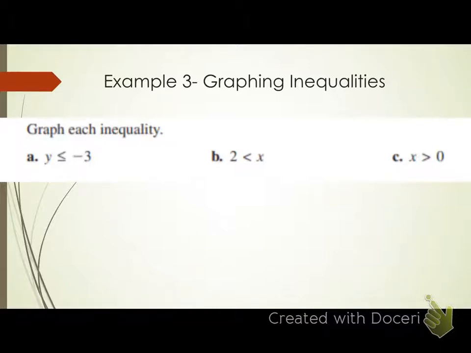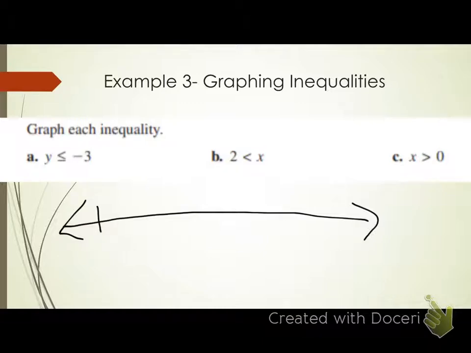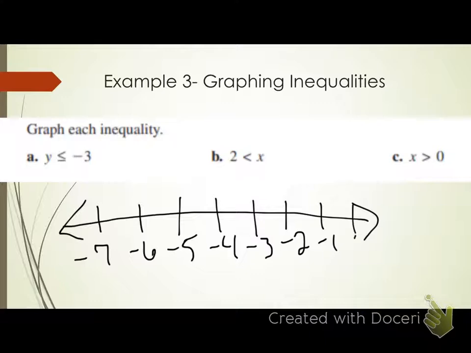Letter A, well, first off, we're just graphing each inequality. So letter A, we have y is less than or equal to negative 3. So I've got some numbers below negative 3, and some numbers above negative 3. So y is less than or equal to negative 3. My y value is representing all the numbers that make this inequality true.